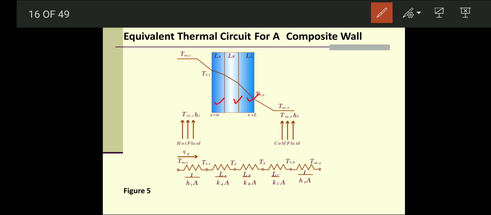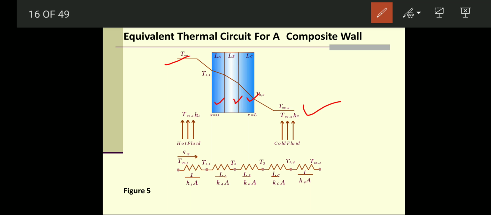So consider a composite wall of thicknesses LA, LB and LC in the direction perpendicular to heat flow, having hot fluid at temperature T infinity 1 on one side and cold fluid at temperature T infinity 4 on the second side. So fluid is flowing from both sides of the wall.